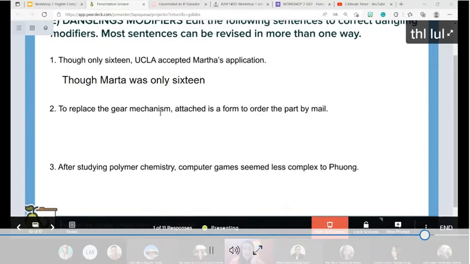About number 3: to replace the gear mechanism, attached is a form to order the part by mail. Here we are missing something. To replace that mechanism, attach is a form to order the part by mail. We are missing something.